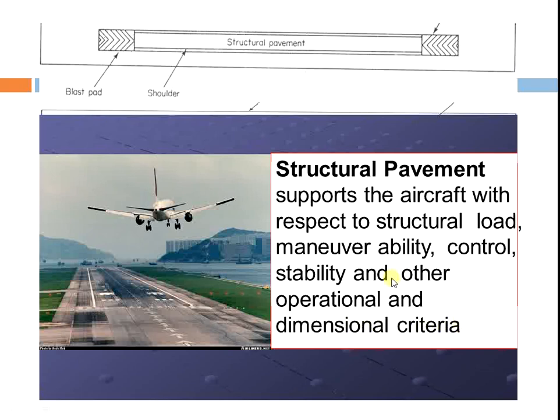The function of the structural pavement is supporting any type of aircraft with respect to structural load, maneuverability, controlling and stability of the aircraft, and also other operation and dimensional criteria. This is nothing but the structural pavement.